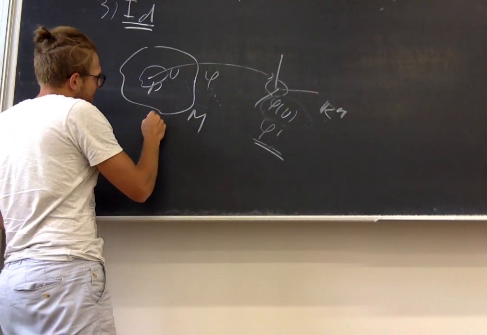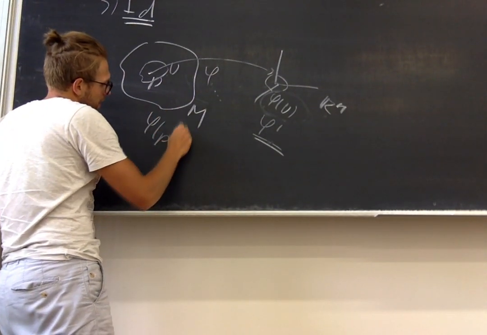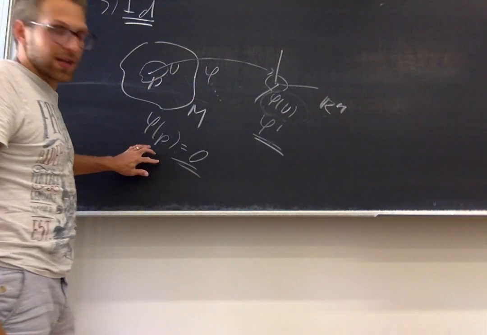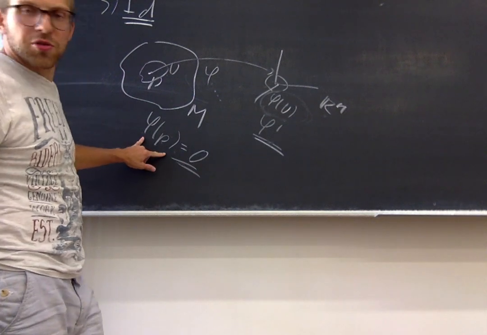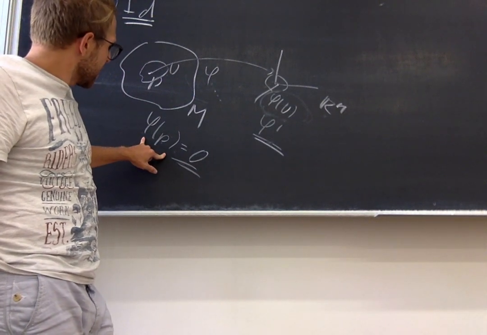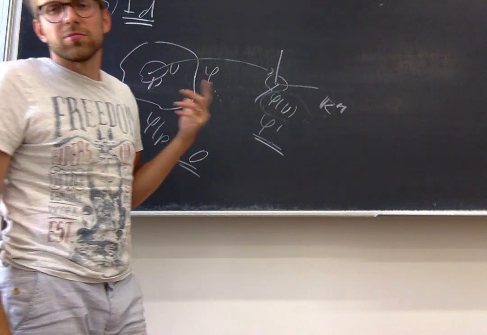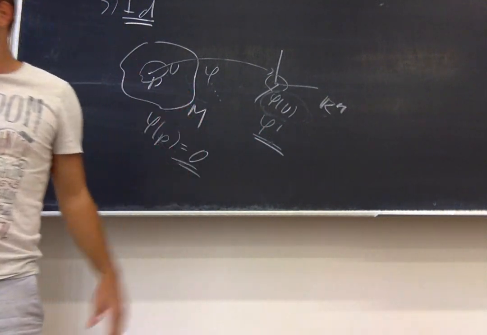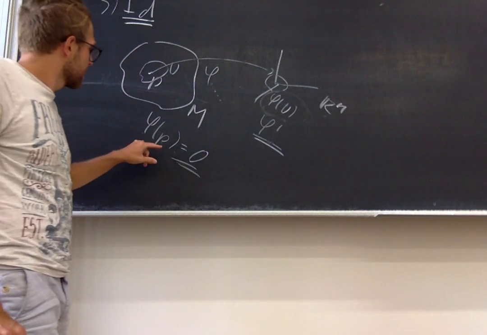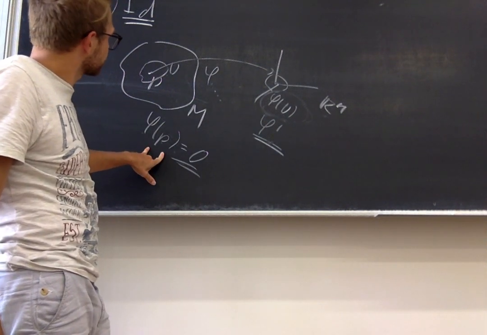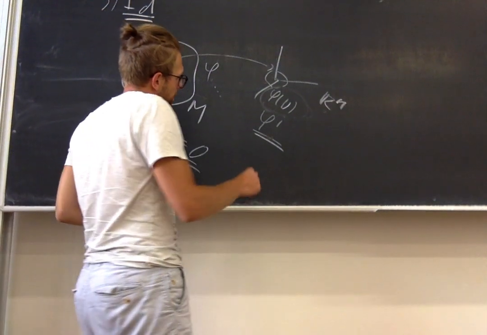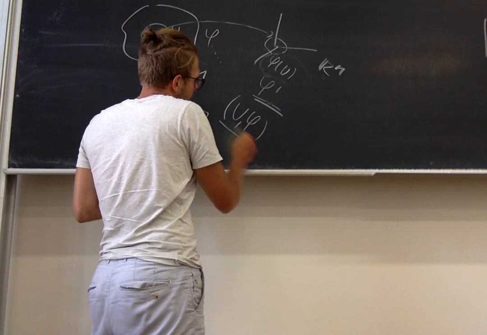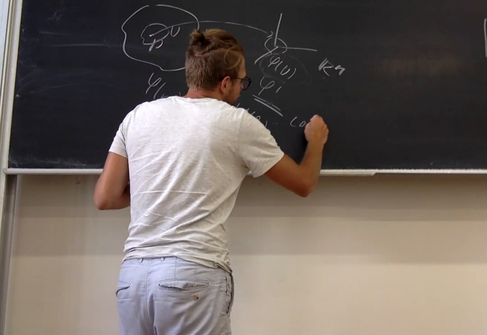A map is called centered at a point. So phi is centered at P if phi of P equals 0. Obviously, if it's not centered at a particular point, by subtracting the value at that point, you will get a map that's centered at that point. And the pair U, phi, is called a coordinate chart.